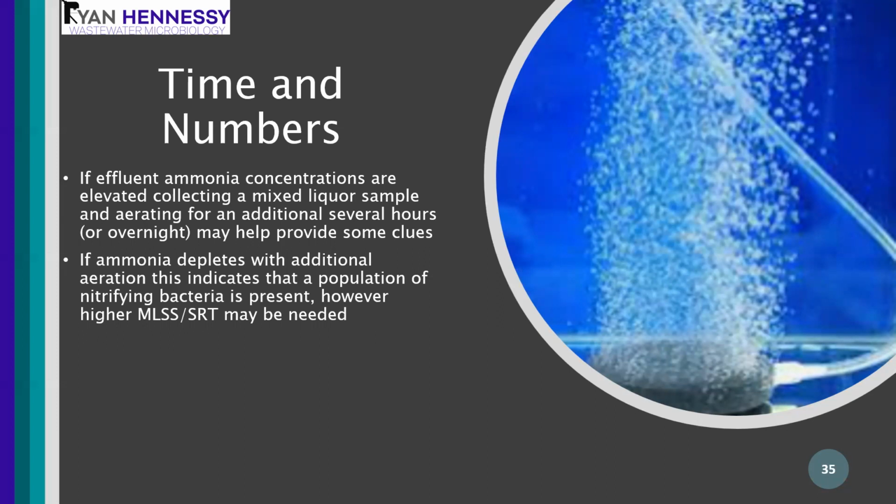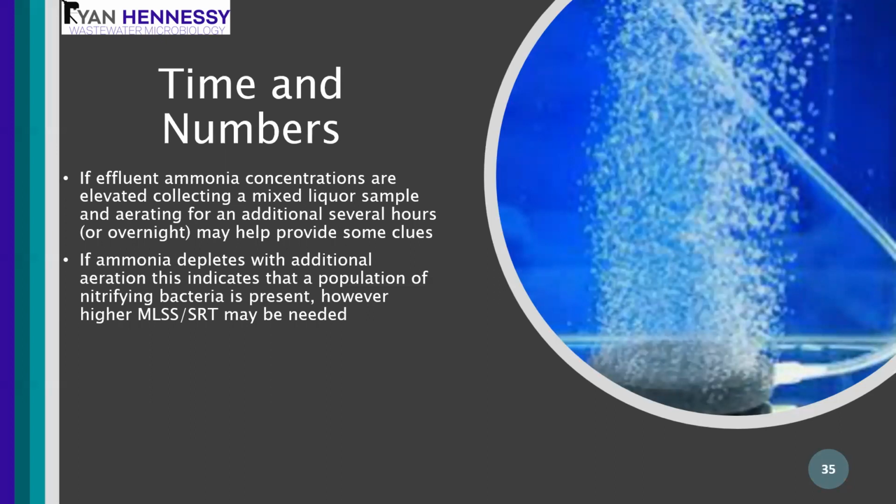one troubleshooting method I like to recommend is, if the ammonia is high in the effluent, collect a mixed liquor sample, put it in a beaker with an air stone, and aerate it overnight. Does that ammonia come down by the next morning?